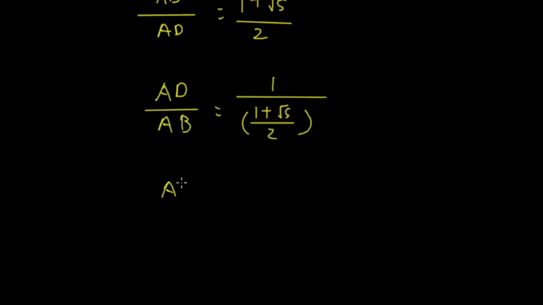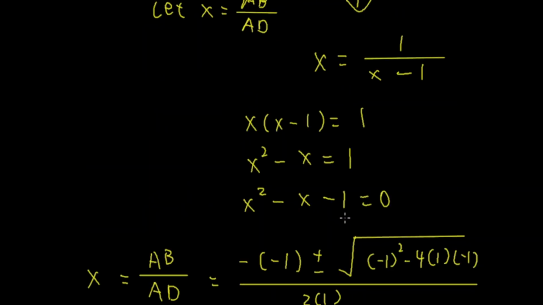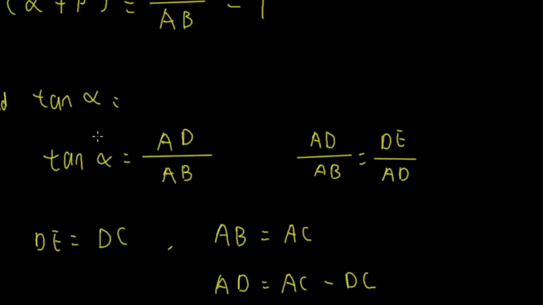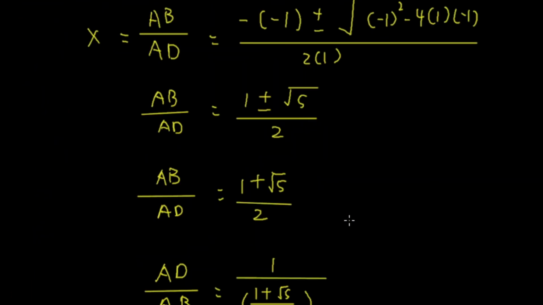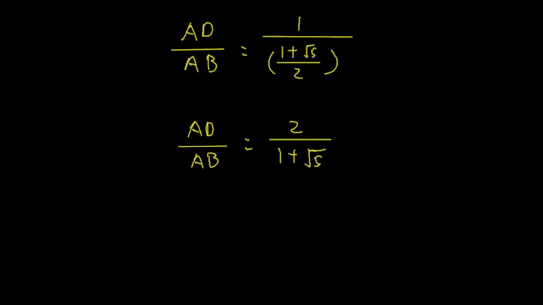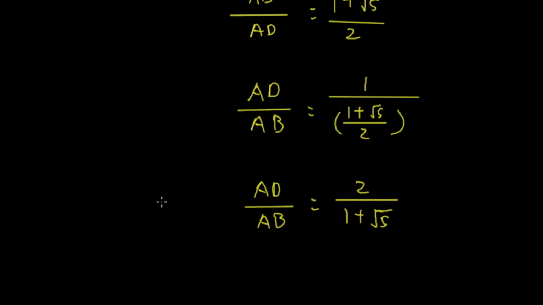That means AD over AB is equal to 2 over 1 plus square root of 5, and that is equal to tan alpha. So we just found out what tan alpha is equal to. It's equal to 2 over 1 plus square root of 5.